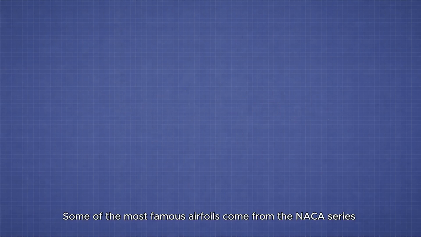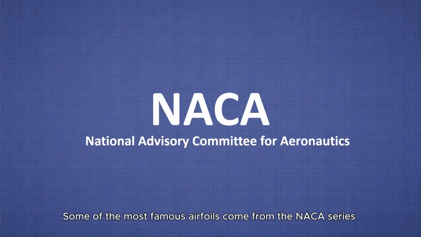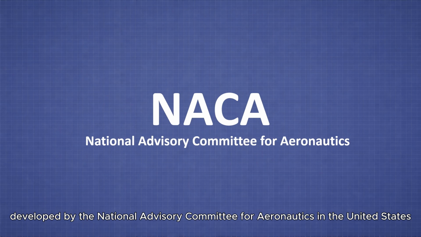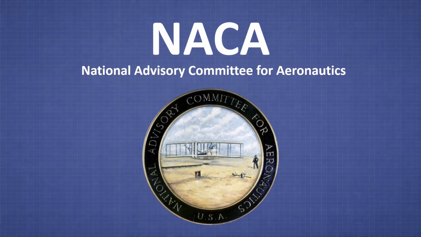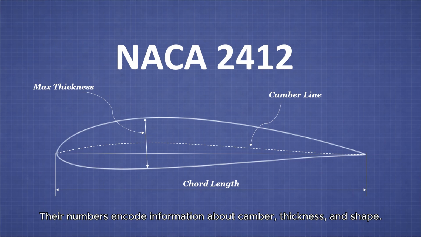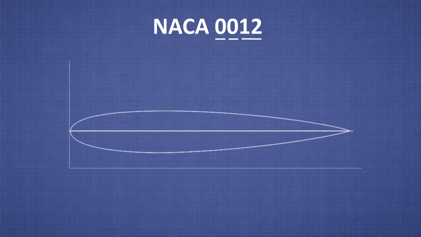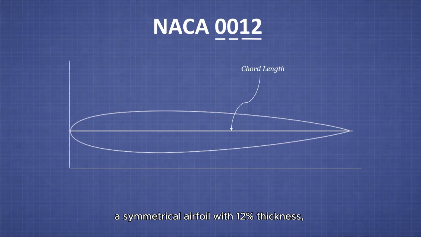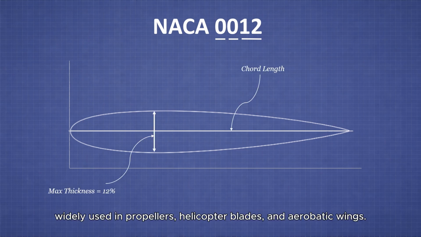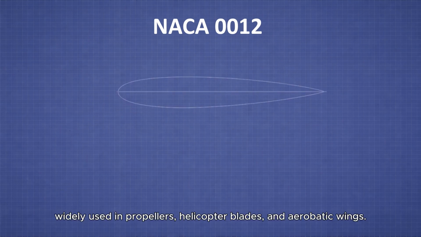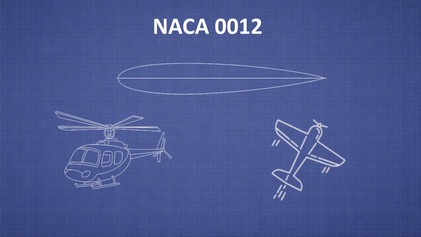The NACA airfoils and their nomenclature. Some of the most famous airfoils come from the NACA series, developed by the National Advisory Committee for Aeronautics in the United States. Their numbers encode information about camber, thickness, and shape. Some classic NACA airfoils include NACA 0012, a symmetrical airfoil with 12% thickness, widely used in propellers, helicopter blades, and aerobatic wings.